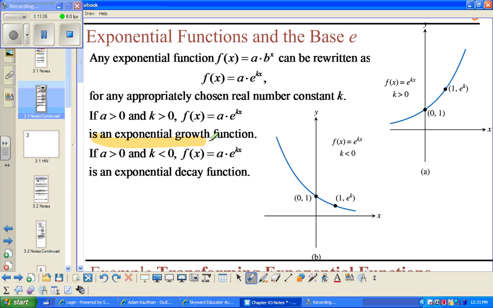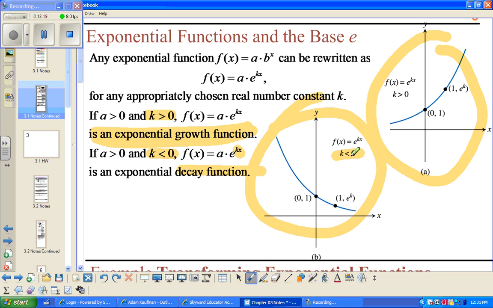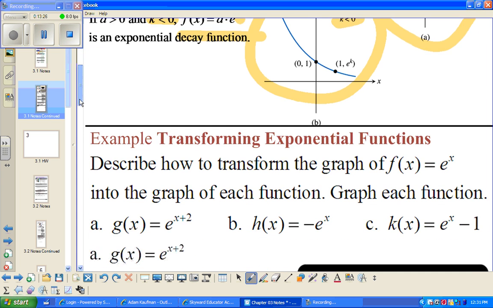Here we go, the exponential growth function here, k greater than 0, so k is positive. The decay function has k less than 0, so it'll be negative. These give you a good visual of each of those. Feel free to pause again, of course, and copy that down.